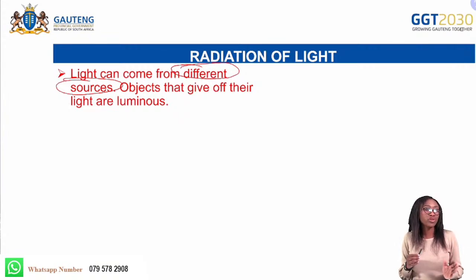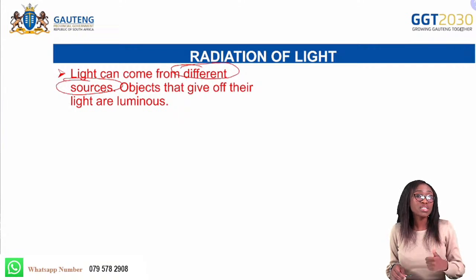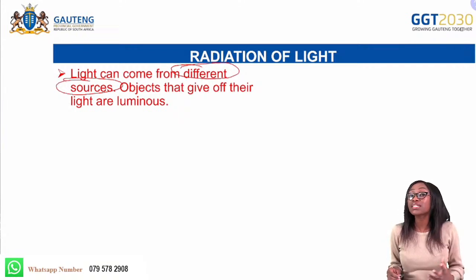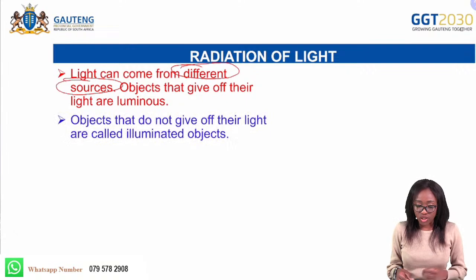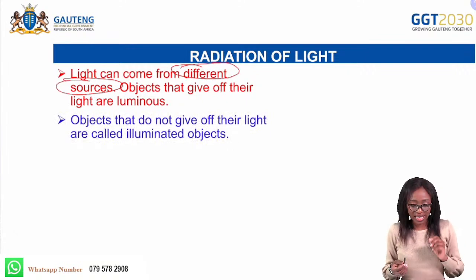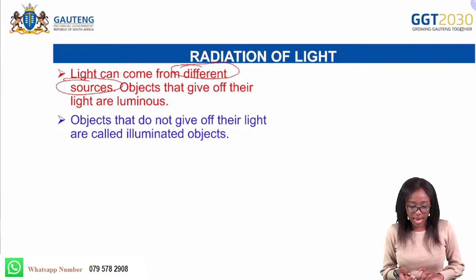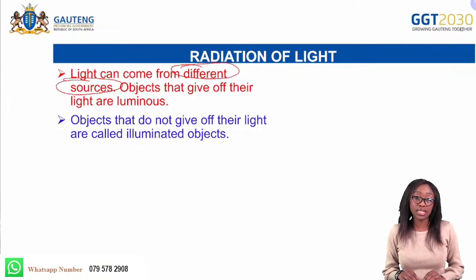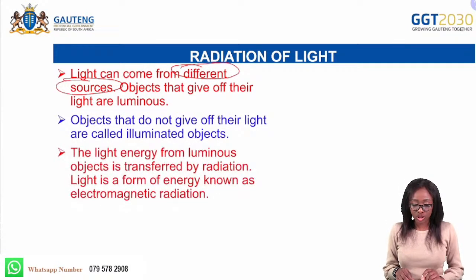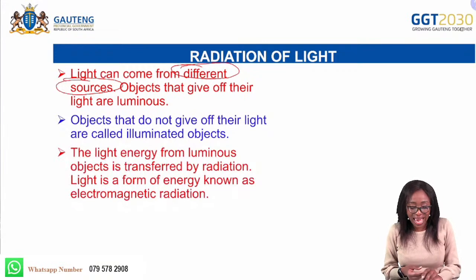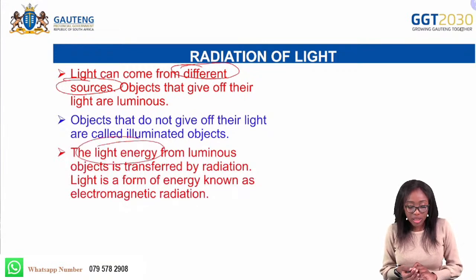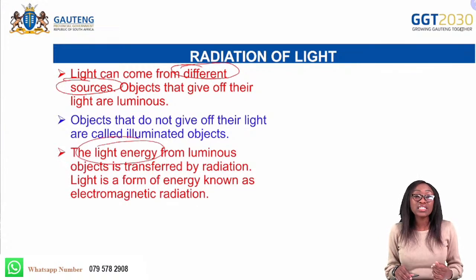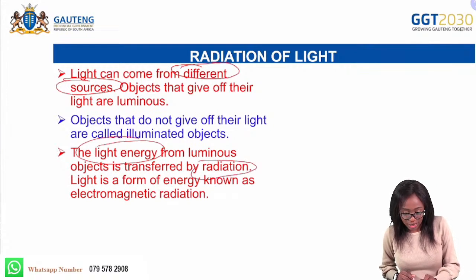Which object can you think of from the top of your head? We have been using this particular object when we're learning about series circuits, parallel circuits, and circuits in general. Objects that do not give off their light are called illuminated objects. So the light energy from luminous objects is transferred by radiation.